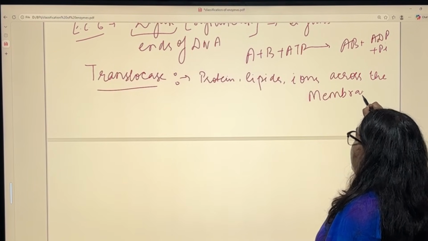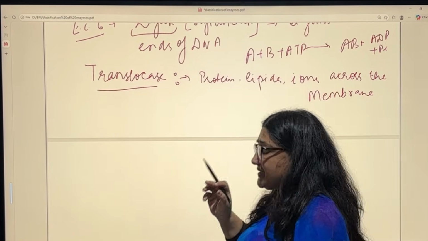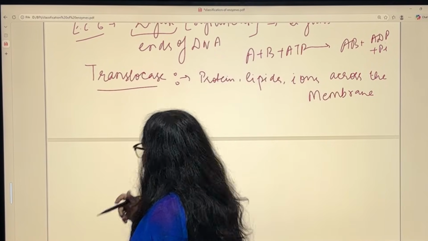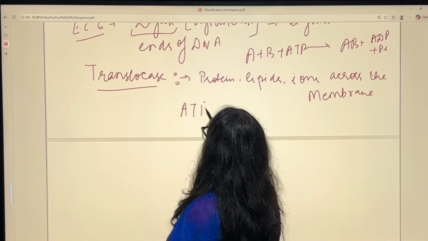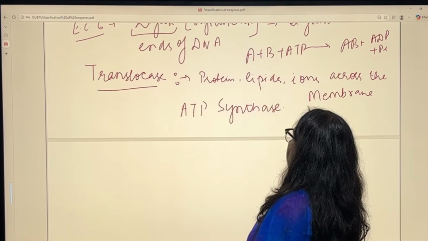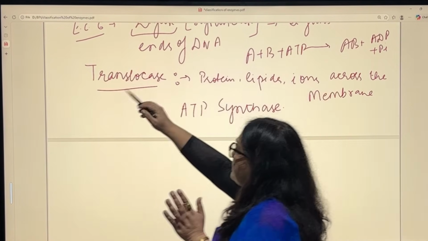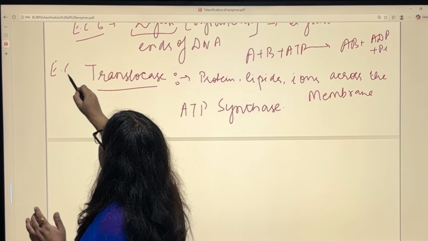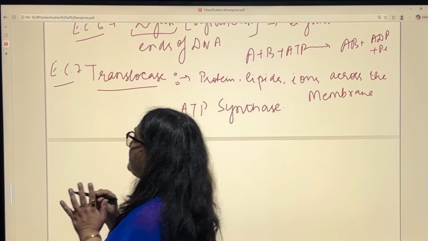The classical example of this is ATP synthase. This translocase is Enzyme Commission number, main class 7.